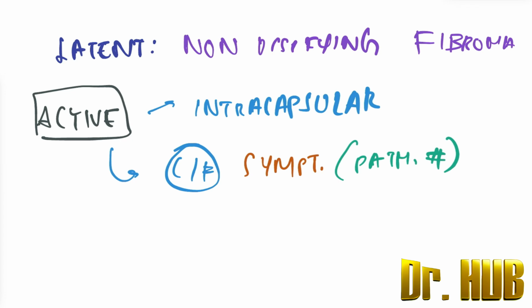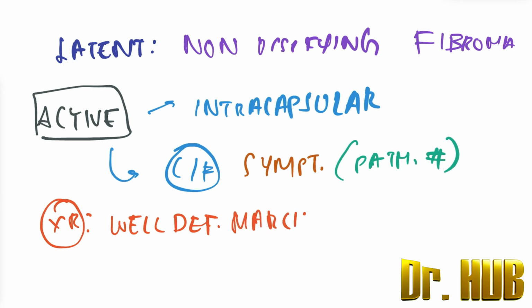Next, upon X-rays, what do we have? There is a well-defined margin and a thin rim of reactive bone on X-ray.